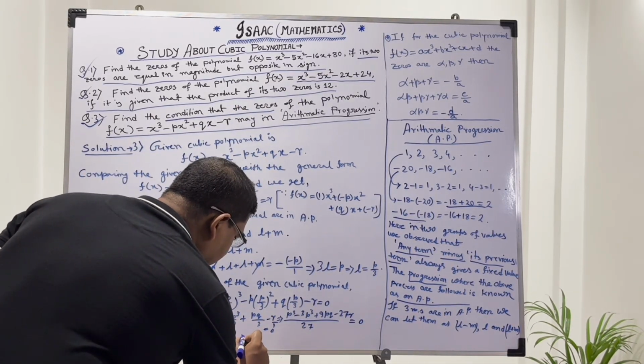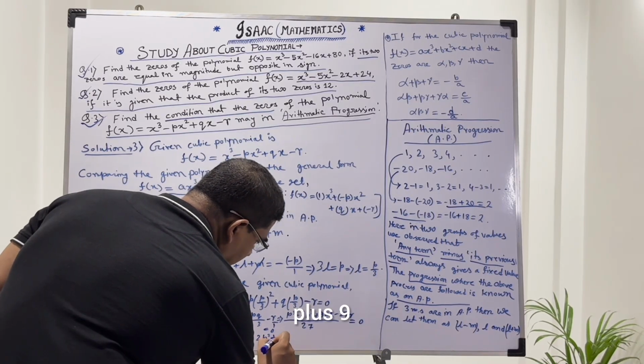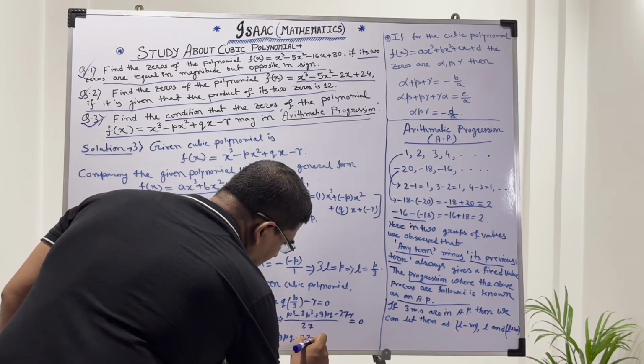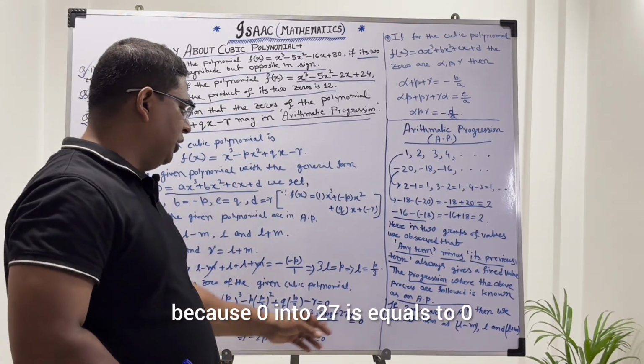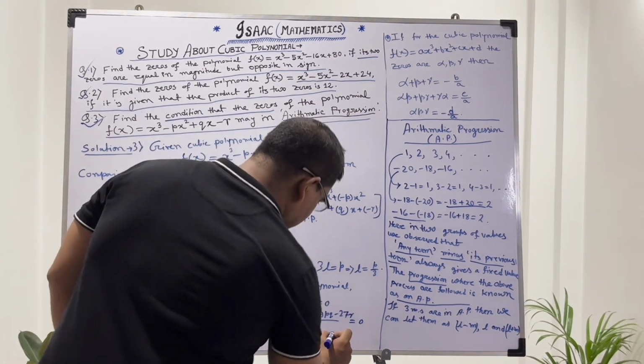This gives minus 2p cube plus 9pq minus 27r equals 0.